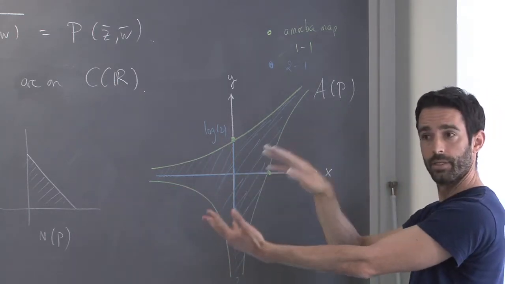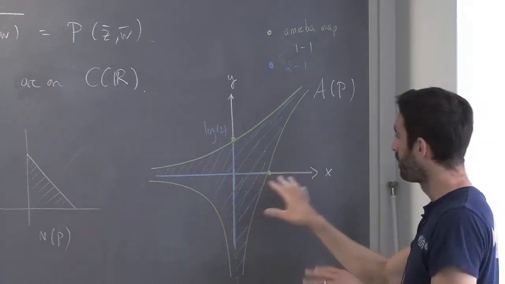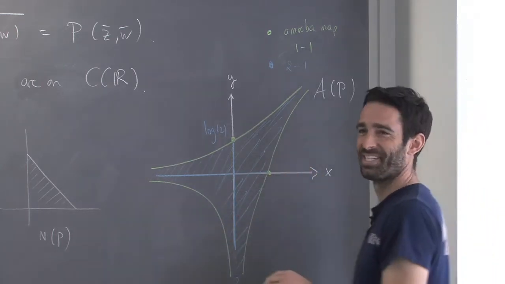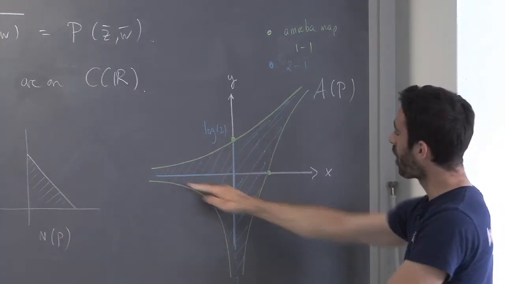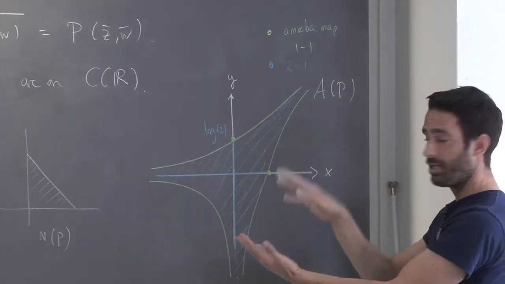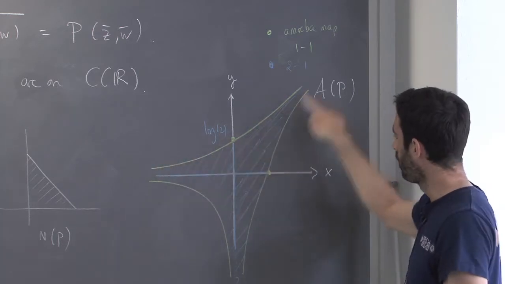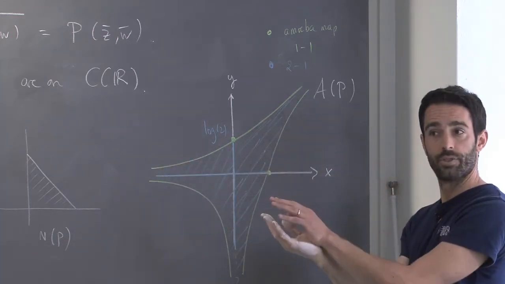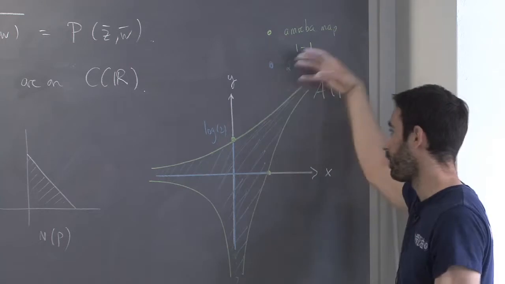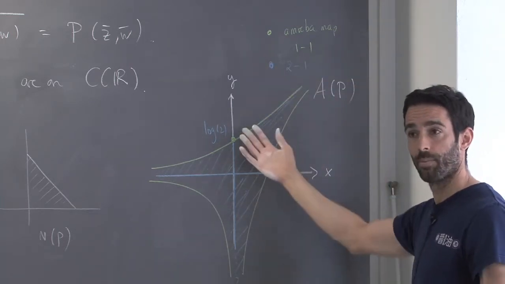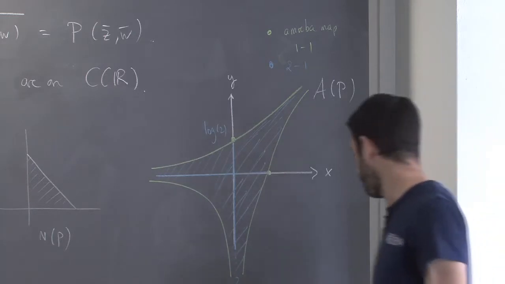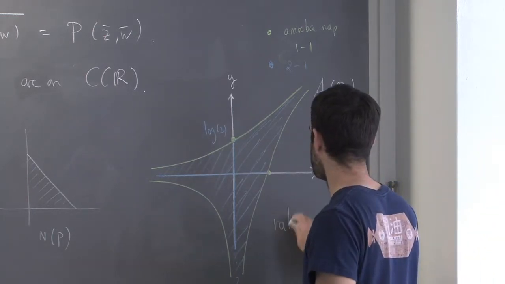You see a surface, right? You take 2 sheets, 2 copies of this kind of triangle, and you glue them along the green boundary. And you have a surface. It's actually a sphere, well, if you compactify, it's a sphere. So this is a rational curve, because the complex curve that you get is actually a sphere. This is a rational curve.